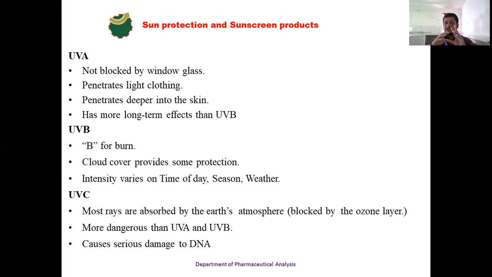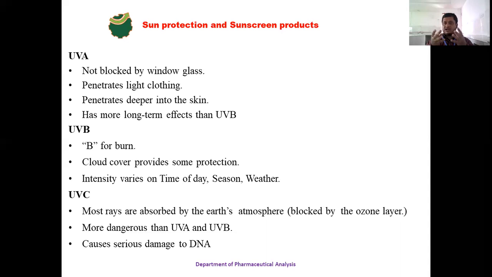Screen here can mean two things: it directly protects us from the sunlight, or it works like sieving, allowing something and retaining something. Suppose there is a mixture of some ingredients in various sizes.